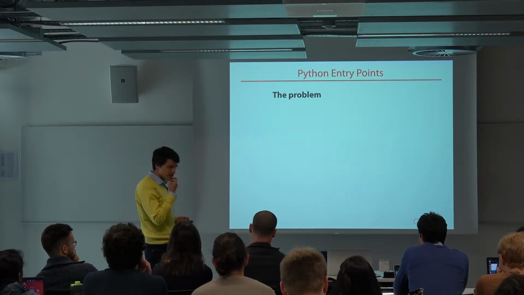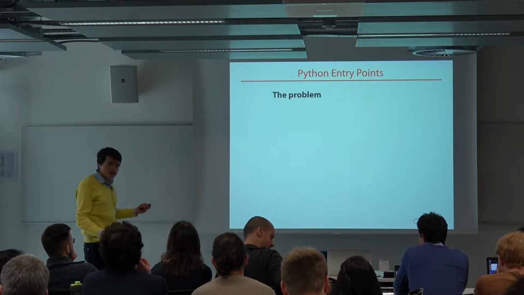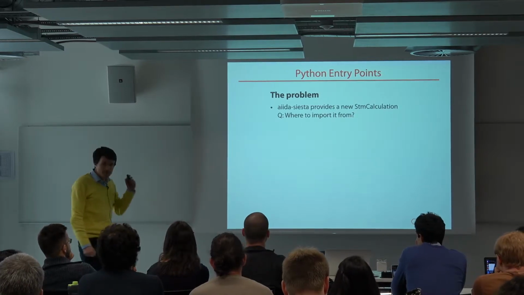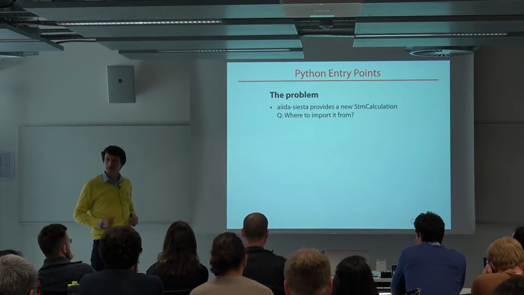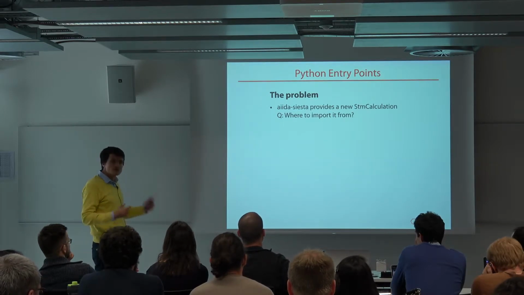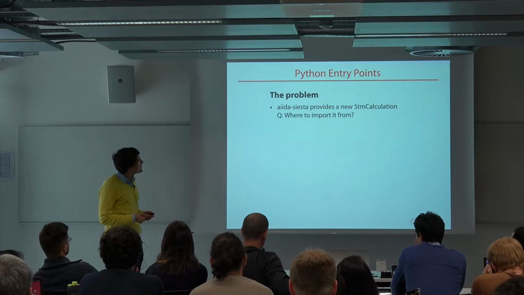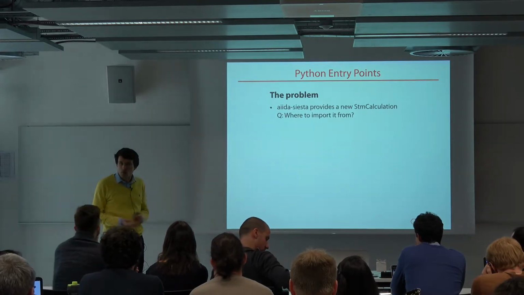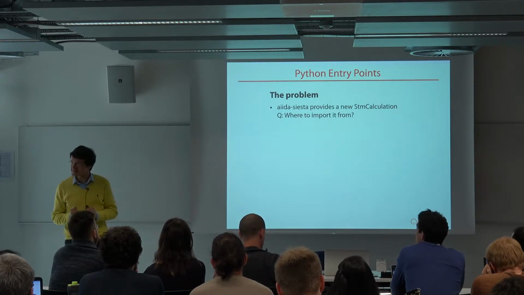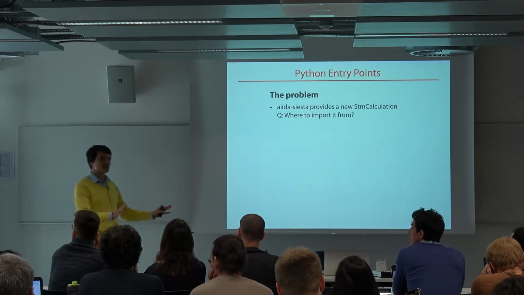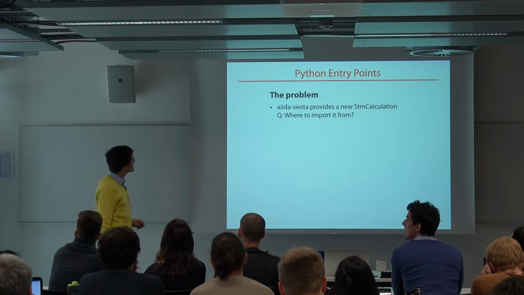So the problem they're trying to address, I'm going to make this specific to AiiDA. So for example, aiida-siesta wants to provide a new SDM calculation. As a new user of aiida-siesta, how do I know where I need to import this from, right? So we could say aiida-siesta has a great documentation, so everything is documented. I look in the documentation, I import it. That is one solution.